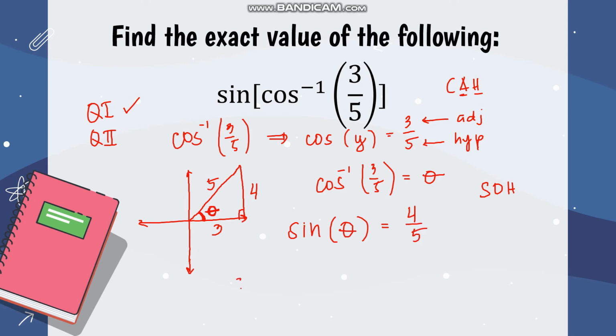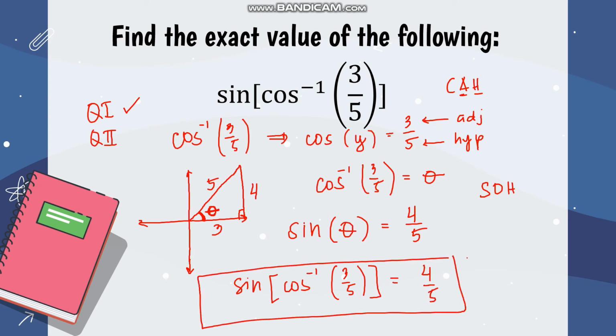This means the value of our given expression now is 4 over 5. So that's it. We're able to solve for the exact value of this given expression by using the concept of right triangles. So you will do this if the one inside the parenthesis or the grouping is the inverse of the function.